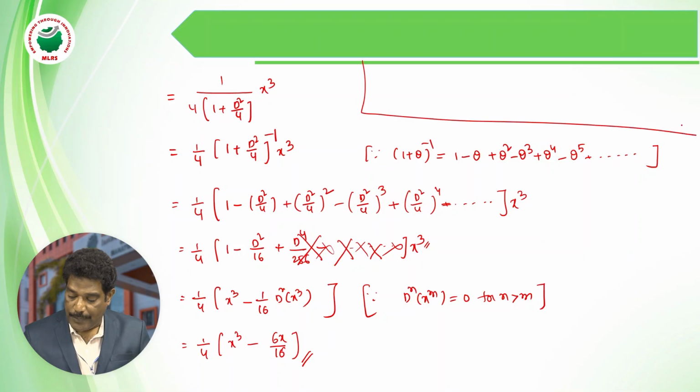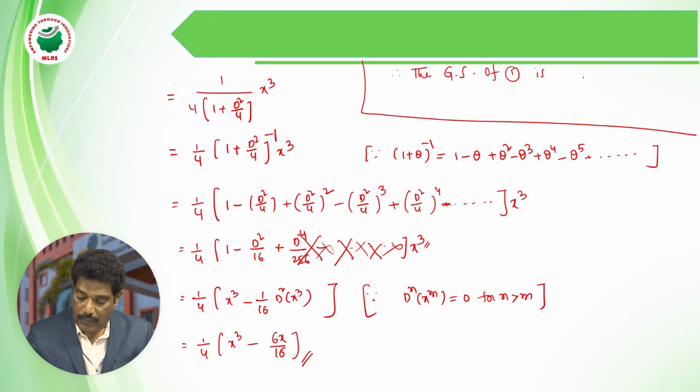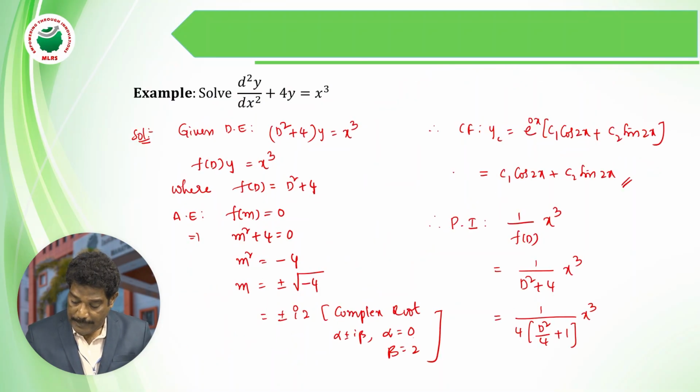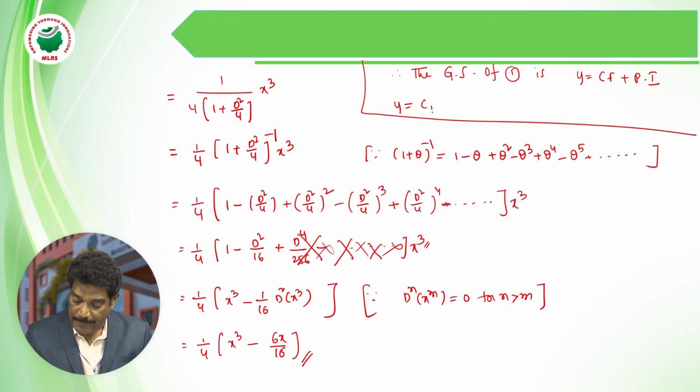After finding the particular integral, what is the next step? The last step will be the general solution. Therefore, the general solution of 1 is y equals CF plus PI. Earlier we already found the complementary function, so here CF is C1 cos 2x plus C2 sin 2x.